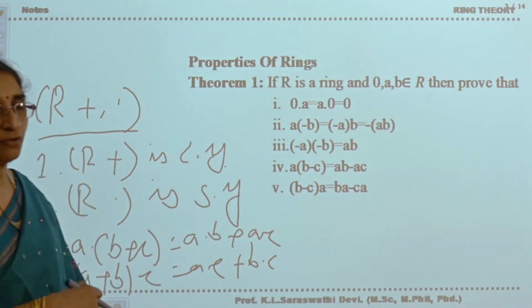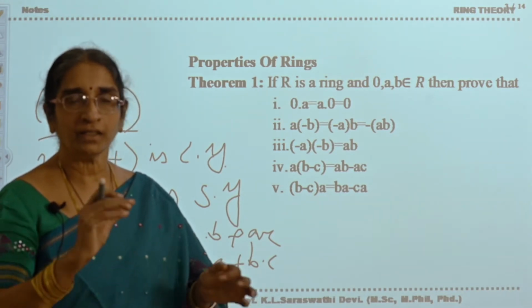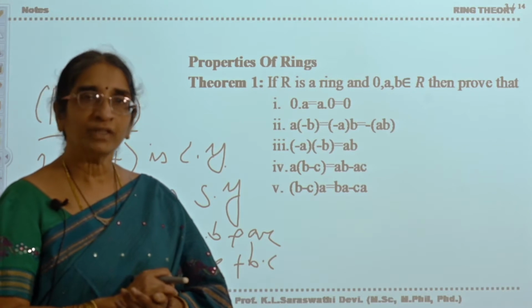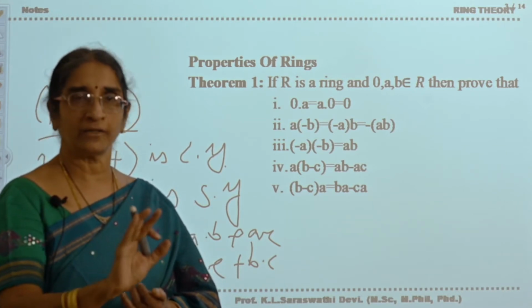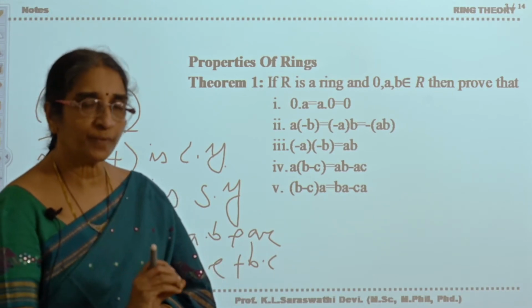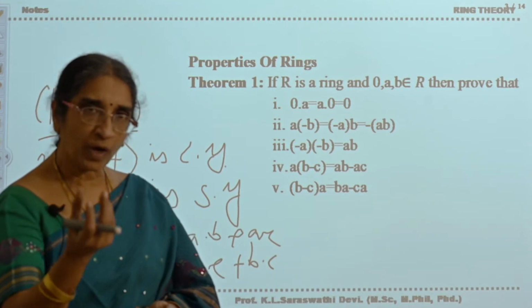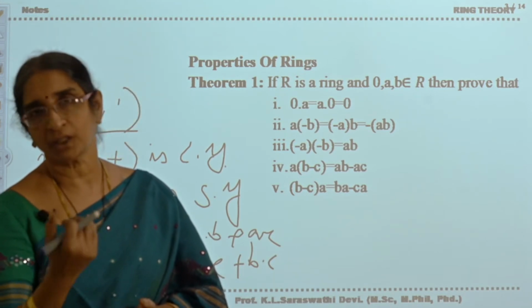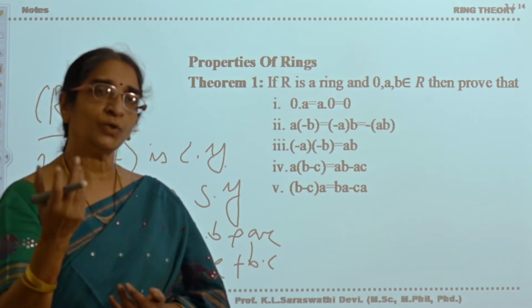In the first video we considered different types of rings. After the definition, with respect to addition there is nothing more to see because it is already an abelian group. With respect to multiplication, if the commutative property is satisfied, it is a commutative ring. If a multiplicative identity exists, it is a ring with unity. If both exist, it is a commutative ring with unity.